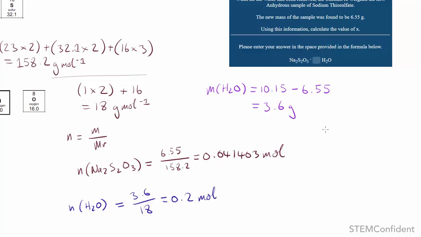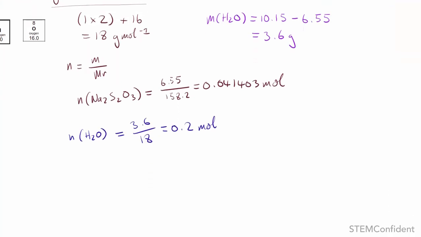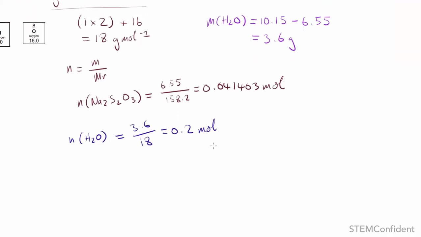So we now have two values, and what we're going to do is set up a ratio to compare the two. So we're going to say the number of moles of the Na₂S₂O₃ compared to the number of moles of H2O, right? And we know that on one side we've got 0.041403, and on the other side we've got 0.2, okay?